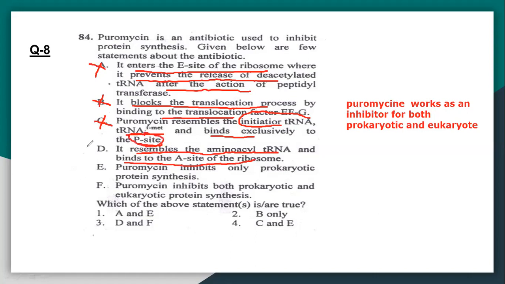D is the correct answer. Puromycin inhibits only prokaryotic protein synthesis? No, it works for both prokaryotes and eukaryotes. So the answer will be D and F.